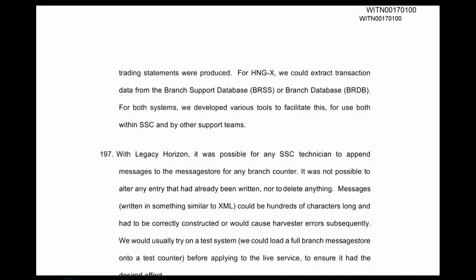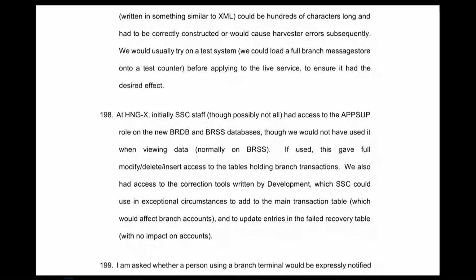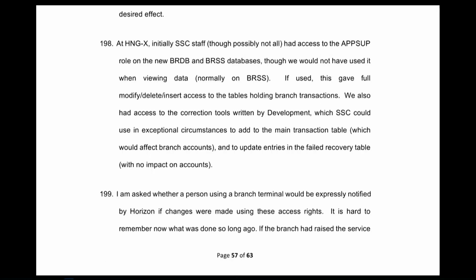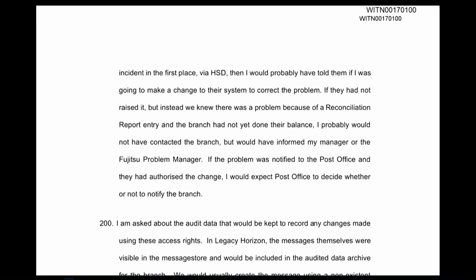And in paragraph 199 at the foot of the page. Thank you. You say, I'm asked whether a person using a branch terminal would be expressly notified by Horizon if changes were made using these access rights. It's hard to remember now what was done so long ago. If the branch had raised the service incident in the first place via HST, then I would probably have told them if I was going to make a change to their system to correct the problem.